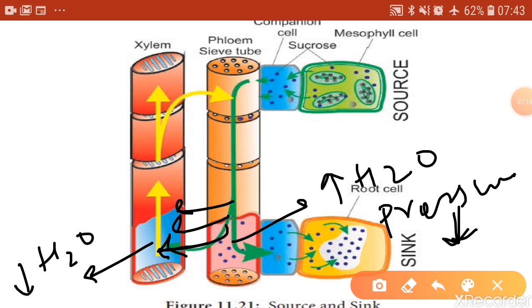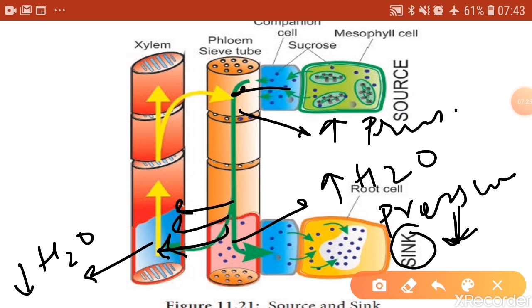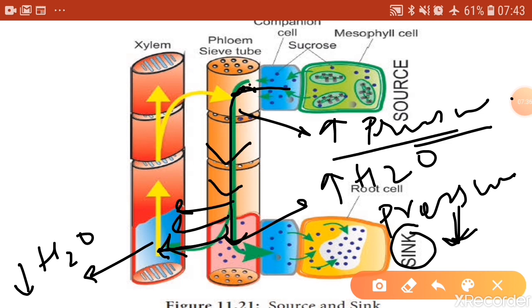So low pressure is maintained in the sink region and high pressure is maintained in the source region, or from where food is to be taken. And because of this difference in pressure, the food or the organic solutes are transported from the region of high pressure to the region of low pressure. So this is how the food is translocated through the phloem.